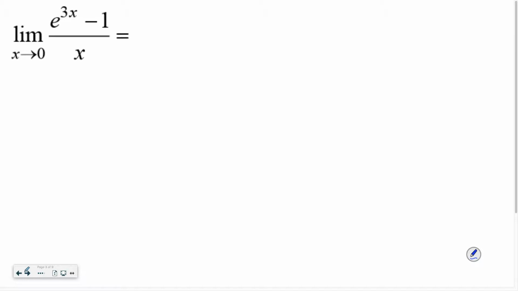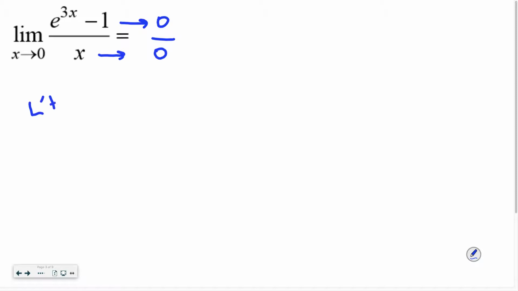Okay, when you have a limit, you always need to use direct substitution first. If we plug in 0, what is e to the 0 minus 1? 0. So this goes to 0, and when we substitute in, that goes to 0, okay? 0 over 0 is indeterminate, which means we need to apply L'Hopital's rule.